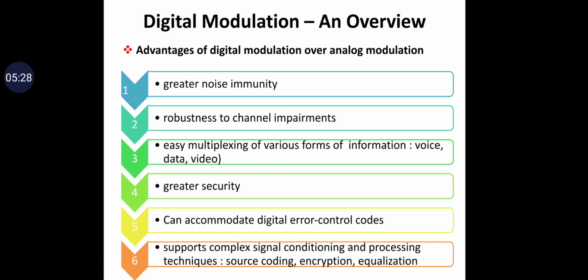Security is more in the case of digital modulation, and it can also accommodate digital error control codes. It also supports complex signal conditioning and processing techniques such as source coding, encryption techniques and equalization techniques. These are the advantages of digital modulation over analog modulation.